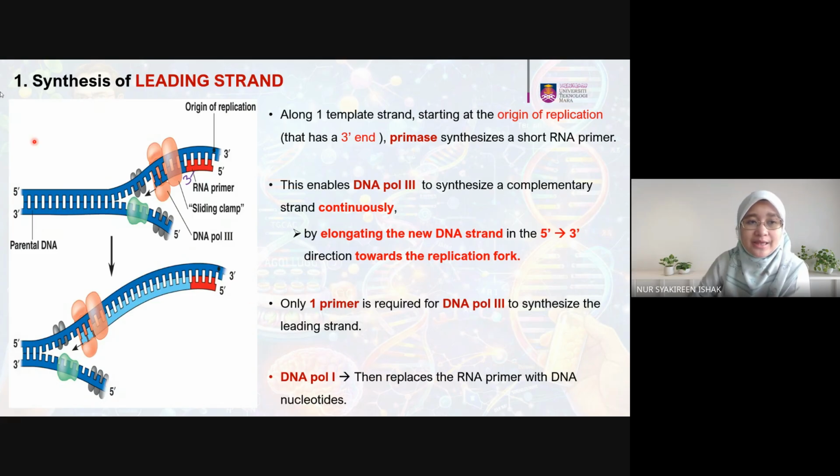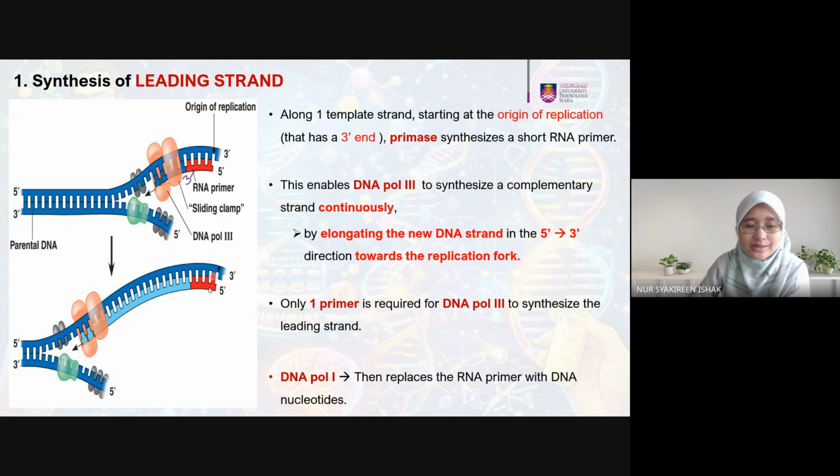Another feature of the leading strand is that it only requires one primer, one primer to synthesize the leading strand. After the DNA polymerase 3 adds the DNA nucleotides, we have to remove the RNA nucleotides in the primer.